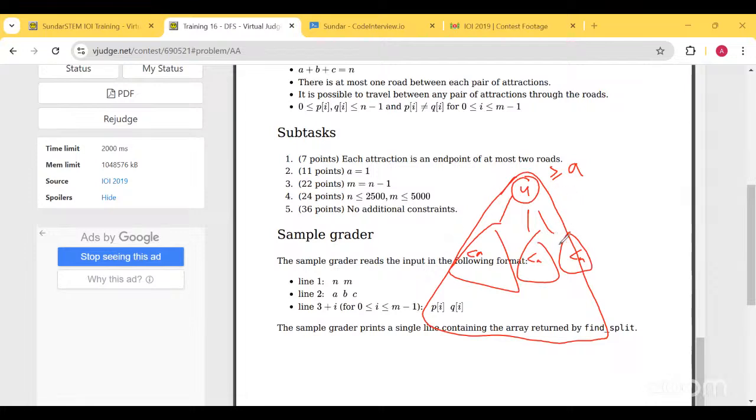So do you mean remove U? Okay, yes. Remove U from the graph and check whether the remaining component is at least size A or not. Of course, for this child, it is less than A. So the only possible case is this, greater than or equal to A. Is it correct?